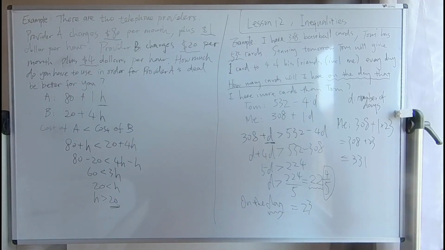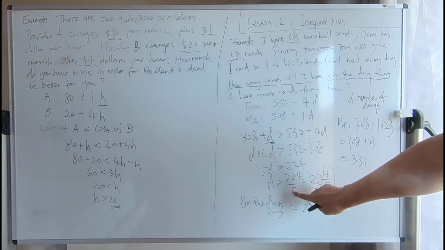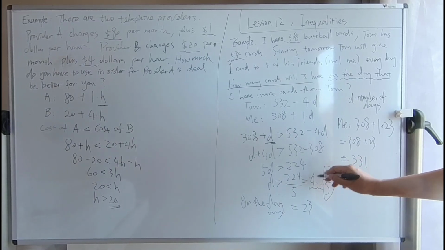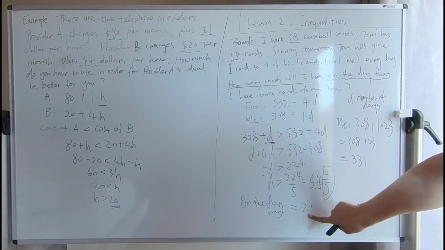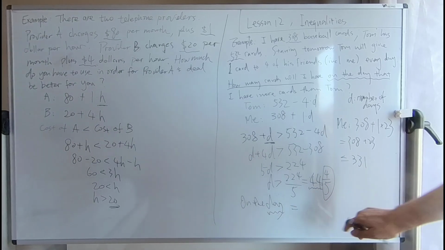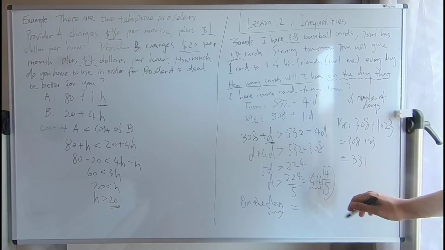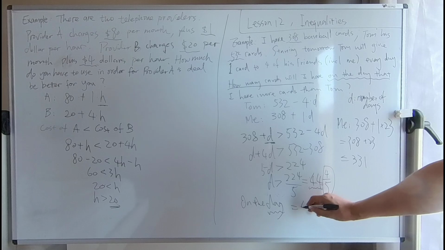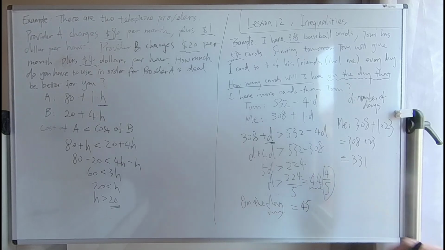Right, so your solution is such a number. Actually, this is 44. The mixed number is 44 and 4 over 5. So the integer rounded up, the integer that is greater than this fraction, is 45.